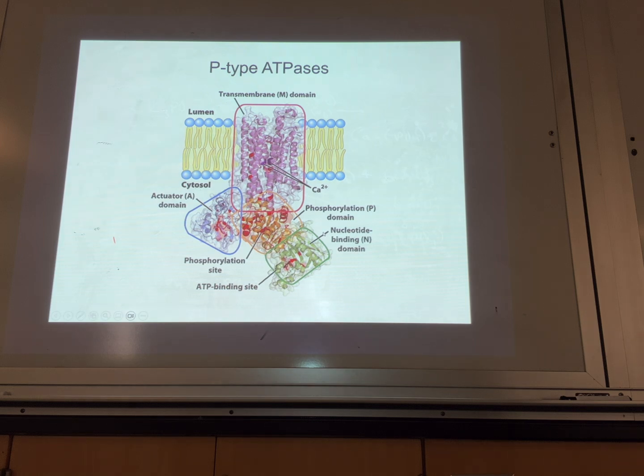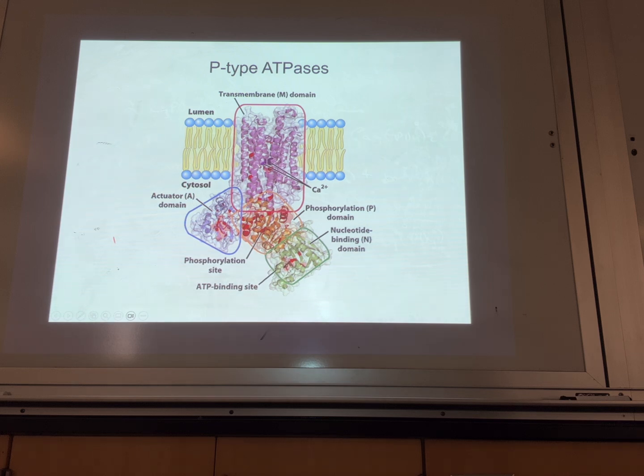Then ATP binds, phosphorylates the asparagine in the P domain, which causes a conformational change, which is conducted through the actuator to the membrane protein, and this triggers the conformational change that will move the calcium over to the lumen side and then release those calcium ions in the lumen. We need energy because there's more calcium in the lumen than there is in the cytosol. Because there's more calcium in the lumen, it costs energy for us to move more calcium across, and that's why we have to bind to ATP.